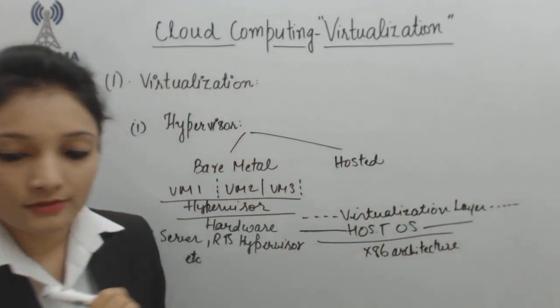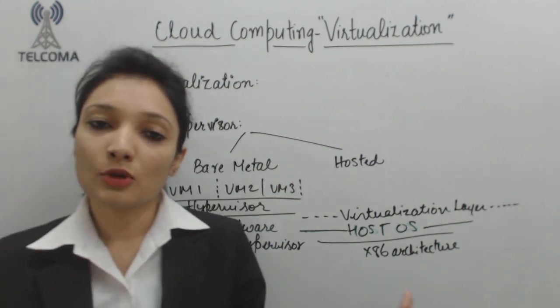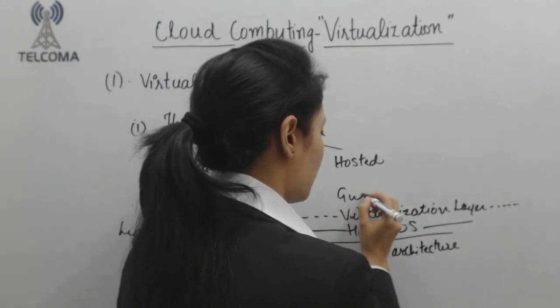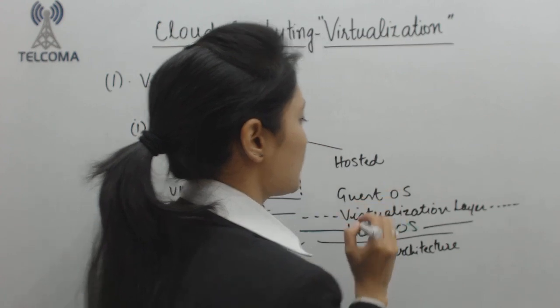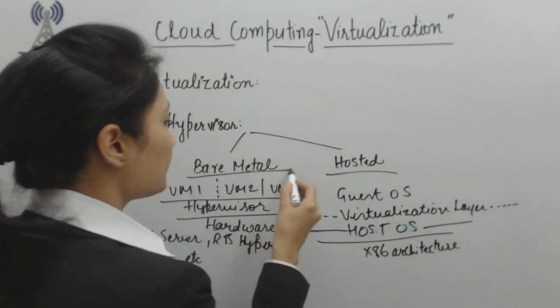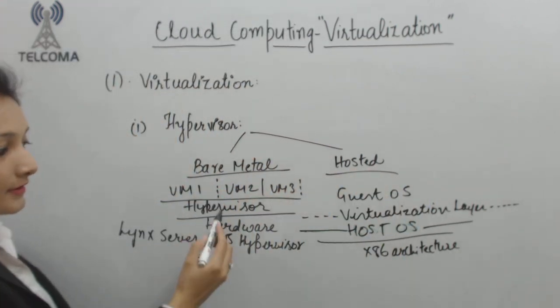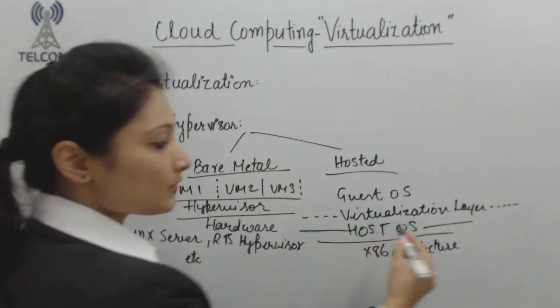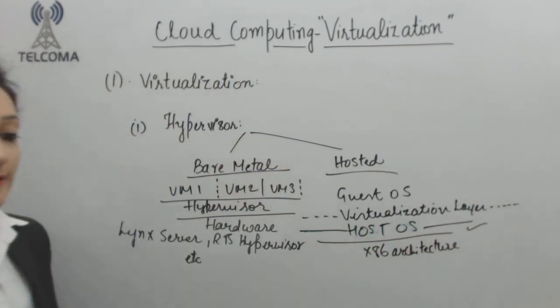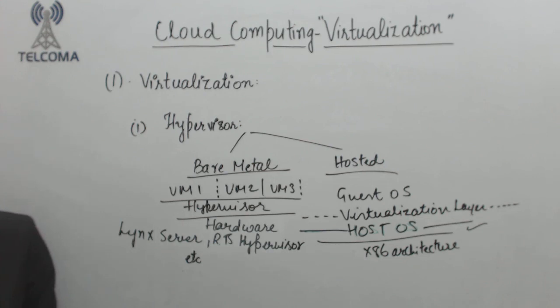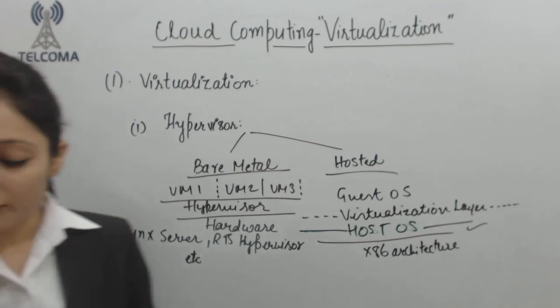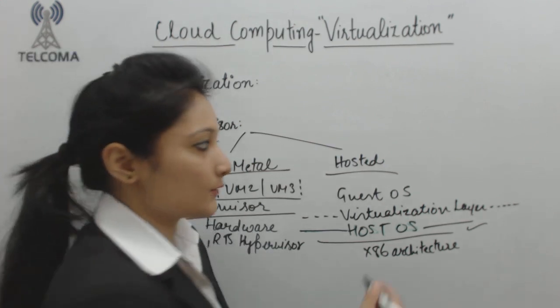After that virtualization layer, you will have the various guest operating systems or your virtual machines. So this is the difference between a bare metal and the hosted hypervisor: one doesn't have any host operating system and the other has a host operating system. Examples for the hosted one are Microsoft Hyper-V, VMware Fusion, etc.